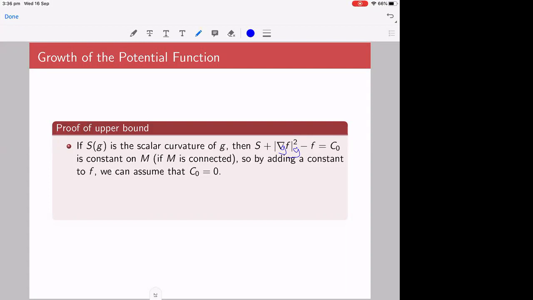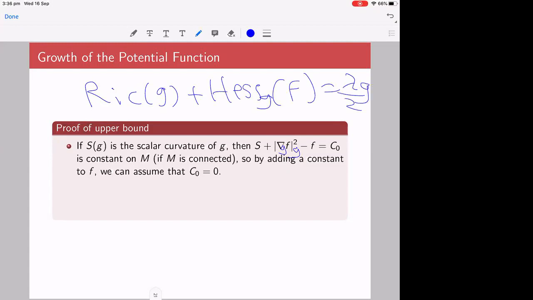All right, we've got this integral. Now, it turns out that not only can we do this, we can also assume that C0 is equal to 0. And we can do that by adding a constant to the function f. Now, you might be wondering, why can we do that? Well, if we go back to our Ricci soliton equation, if you add just a constant to the function f, this Hessian doesn't change.